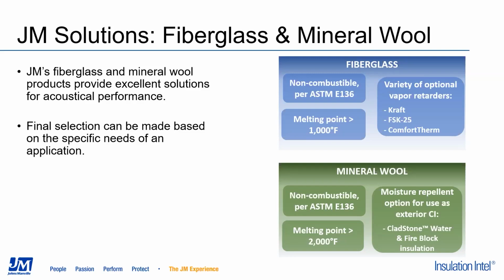So we have vapor retarder options such as kraft faced or FSK 25 or Comfort Therm, which is an encapsulated product. And these vapor retarders represent a range of vapor permeances, and we have materials which also meet the 25/50 flame and smoke spread ratings, as measured per ASTM E84.